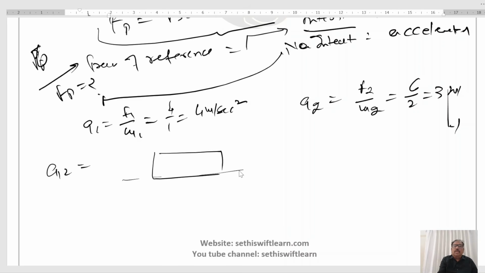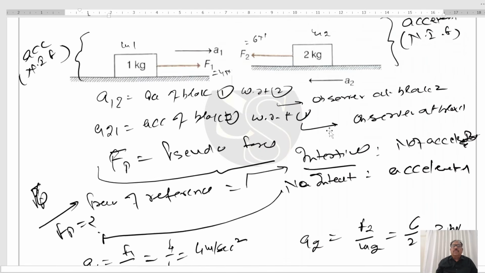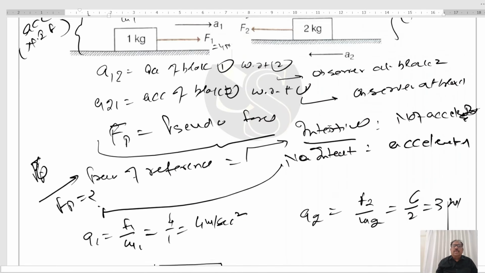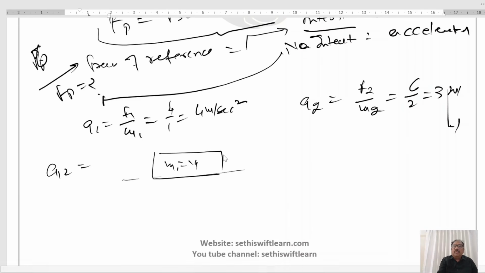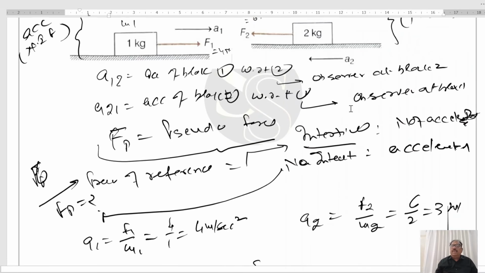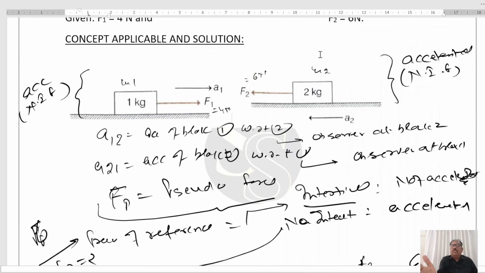this is M1, 1 kg. The force acting on this on the right side is F1. Now, the observer is at F2, whose acceleration direction is left hand side.